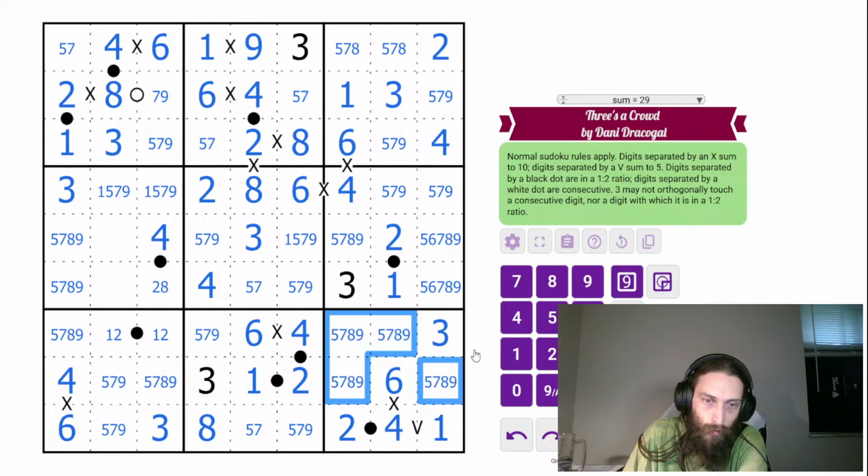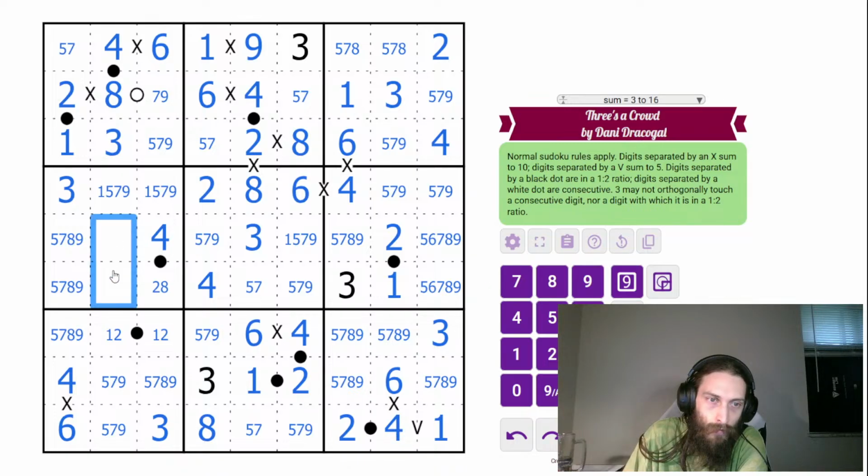Five, seven, nine. One can be placed in box 5. Yep. Five, six, nine, not 8.